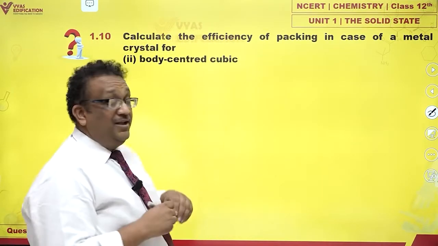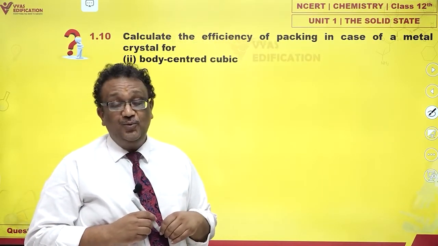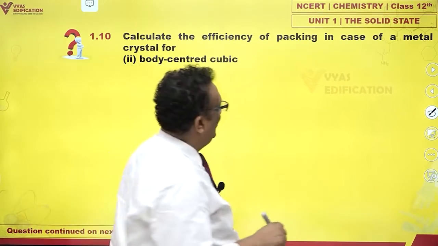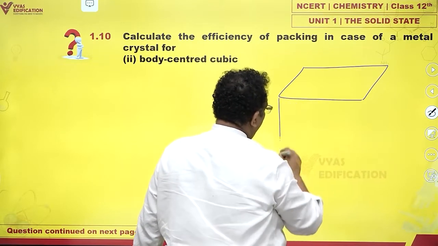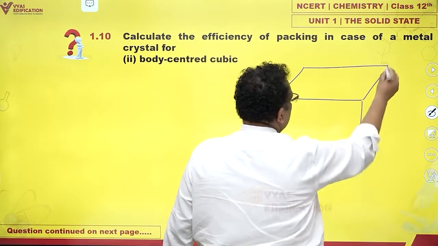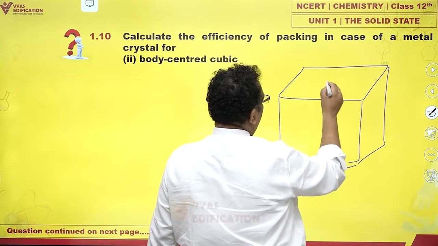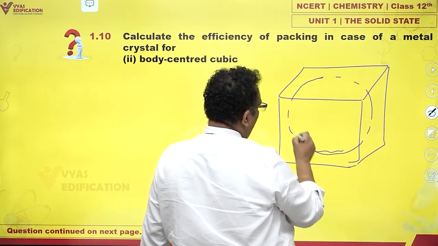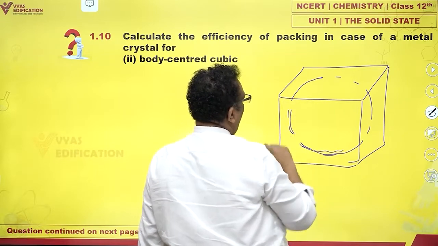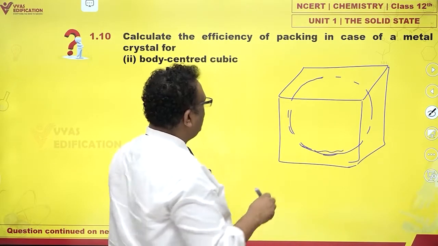What about packing efficiency in the case of body-centered cubic structure? Let's take a look. Let me draw a diagram for BCC. This is the most difficult and ugly looking diagram to draw because that body-centered sphere is always a very huge and enormous ugly looking entity.